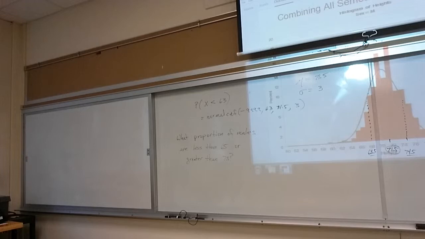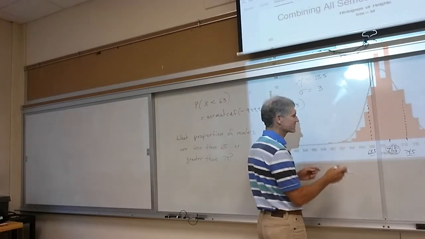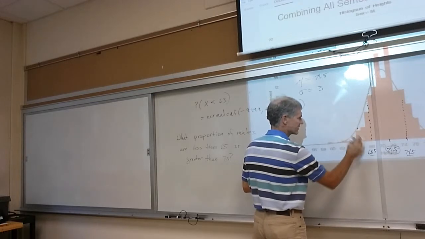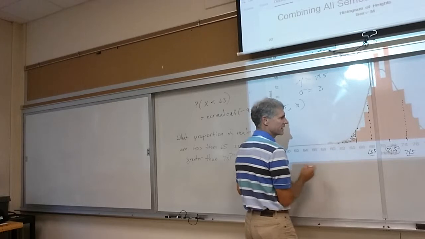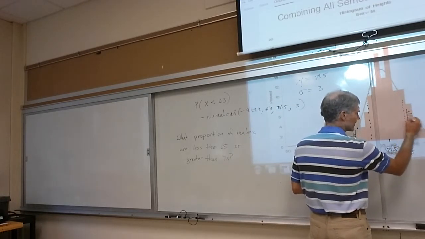Anybody have a ballpark estimate of where they think this value is going to be before they go to the calculator? 65 is fairly far into the left tail, and 75 is fairly far into the right tail. You get the idea. So there's 65, and 75 is right there. So we want that area, and that area.